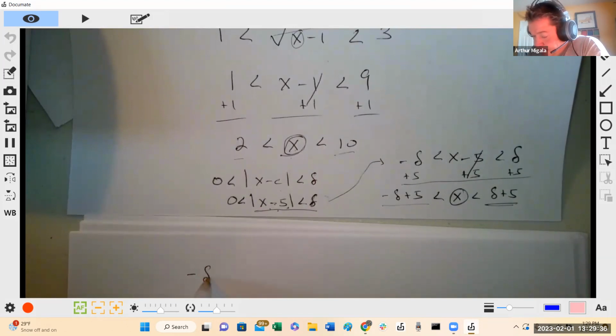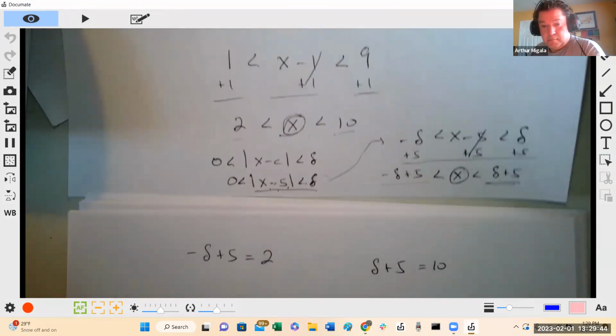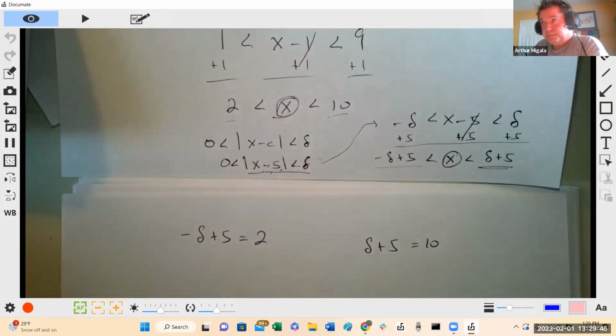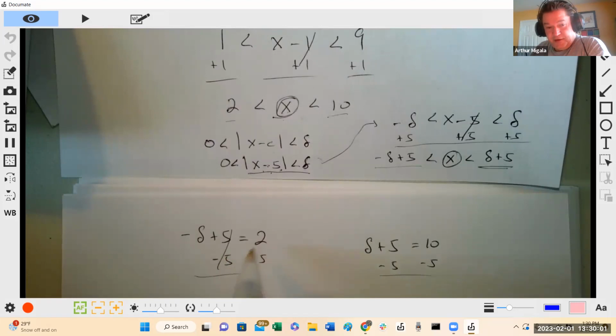So we know that, subtract 5 from both sides, you get negative 3. Change the signs.